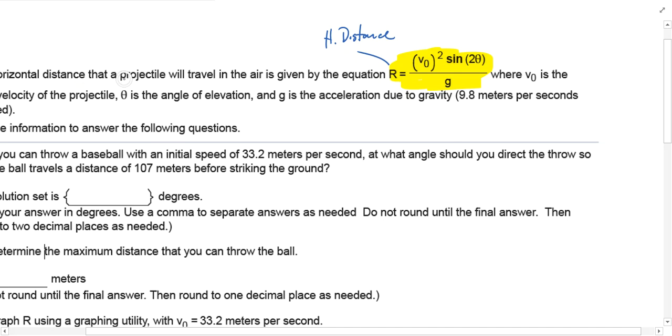So the distance that the projectile will travel, this v sub 0, this combination of v and the subscript, is our initial velocity, how fast we throw the object or start the object on its motion. The theta value is the angle relative to the ground, and g is our gravitational constant. It's the gravity shown here in the problem.